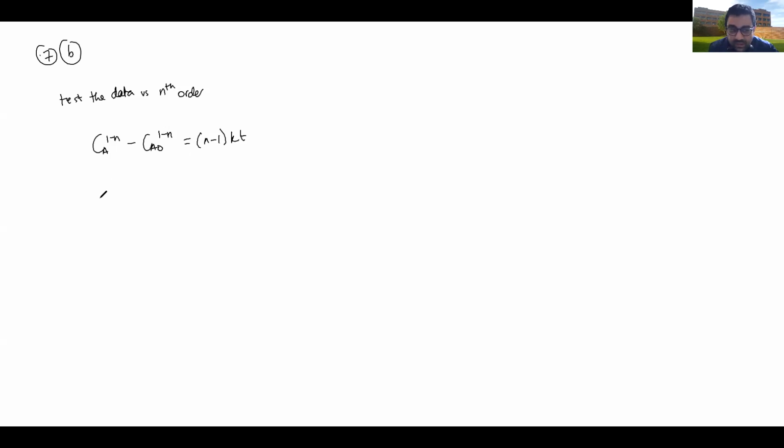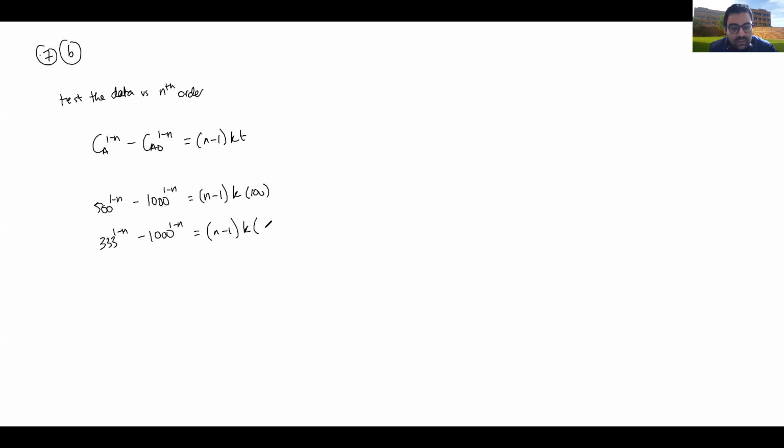So I'm gonna have Ca will be 500 to the 1 minus n minus 1000 to the 1 minus n is equal to n minus 1 k multiplied by t, which is 100. I can then use my other condition, or my third set of points, which is 333 to the 1 minus n minus 1000 to the 1 minus n is equal to n minus 1 k multiplied by t.